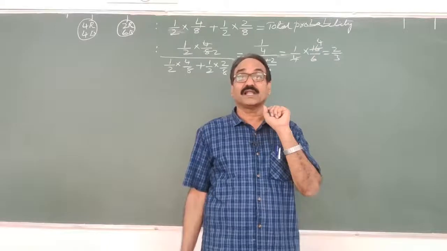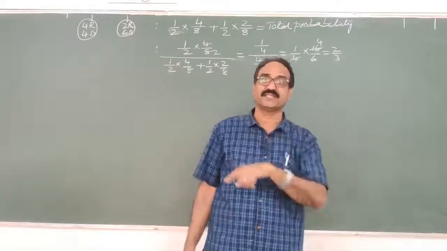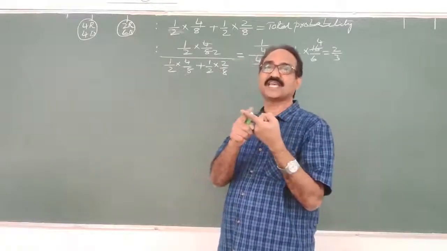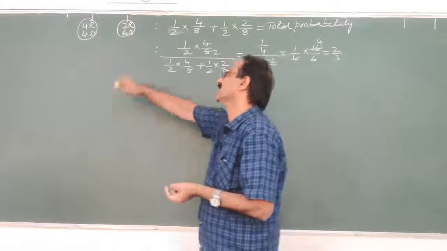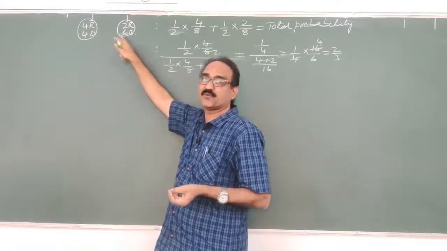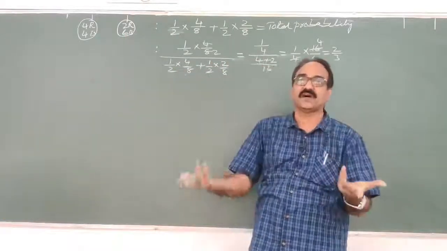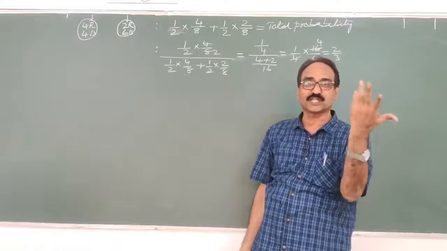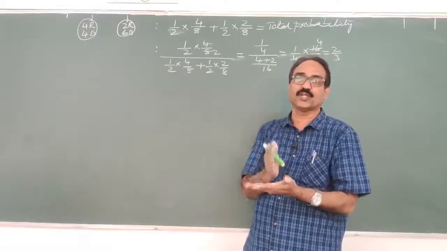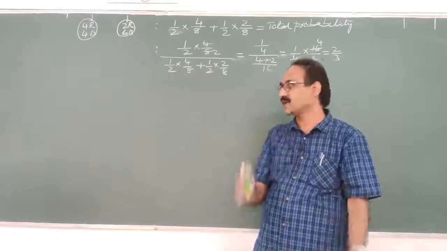Here, what is common? Let A be any event associated with the sample space. Yes, in the statement we said. So here what is A? Getting a red ball associated with the sample space. Correct. A red ball is there here and here also. Here how many red balls are there? 4. Here also how many red balls are there? 2. Red ball is common. That is our event. Let A be the event of getting a red ball associated with the sample space. Over. If you know A, E1, E2, now you have to find the probability of A given E1, probability of A given E2.